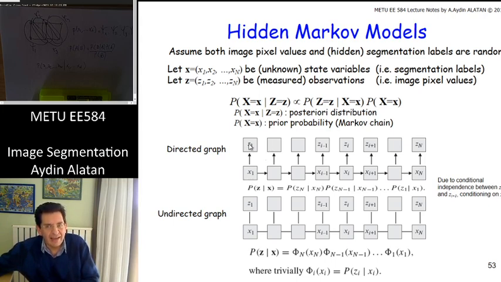We say that Z1 and Z2 are conditionally independent of each other given X1 and X2. Therefore, this conditional independence means this joint can be written in terms of multiplicative terms of these first order, only one pixel label, one pixel color conditional PDFs. I just multiply them to obtain this very difficult joint probability. This is for directed graph.